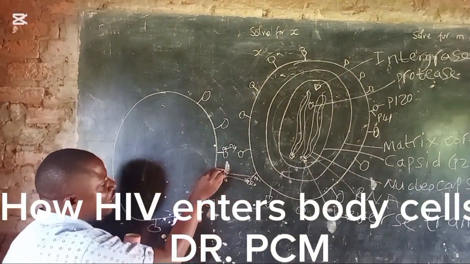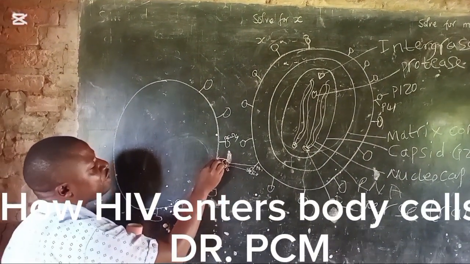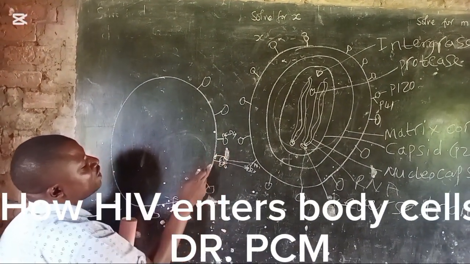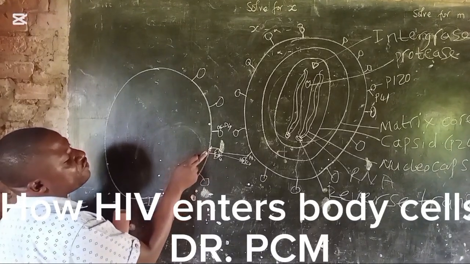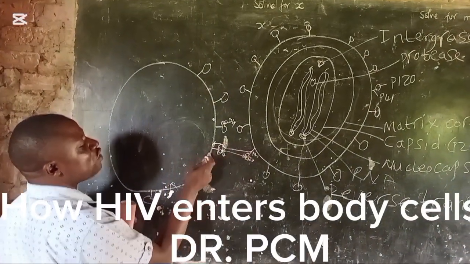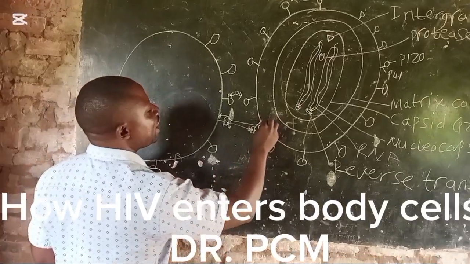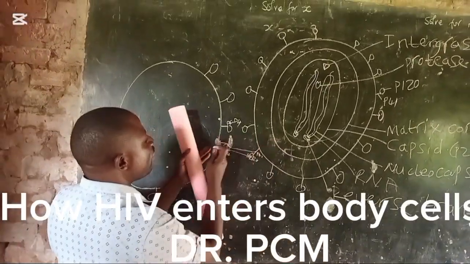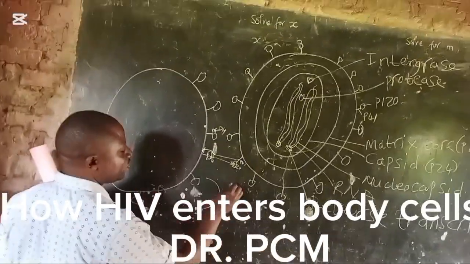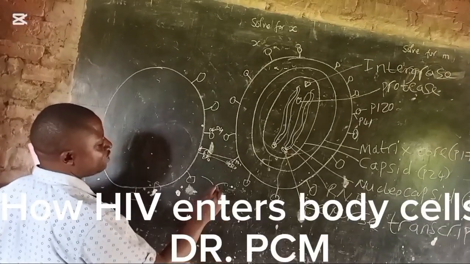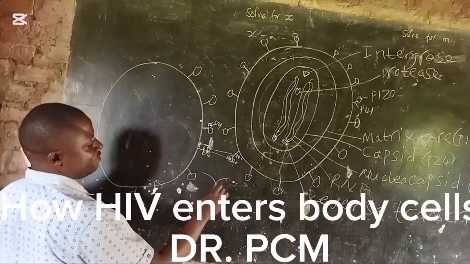After attaching together, there is also another thing on the P120, which is P41. Once P120 attaches on the CD4, they pull one another.